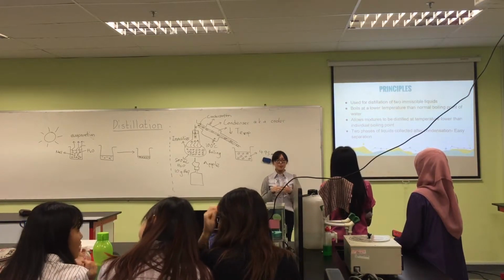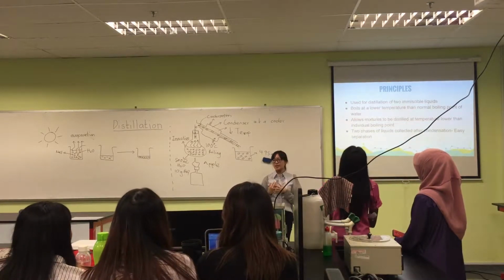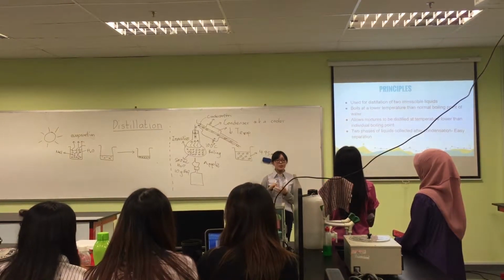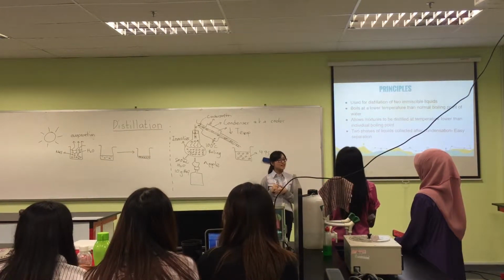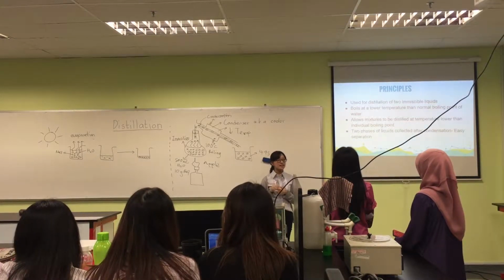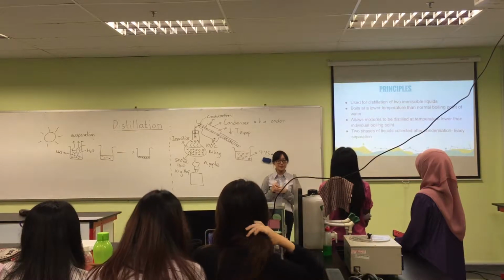And then when this vapor pressure is equal to the external atmospheric pressure by increasing the temperature, the liquid will start to boil. In steam distillation, there will be two liquid mixtures or more, and each liquid will exert its own vapor pressure.